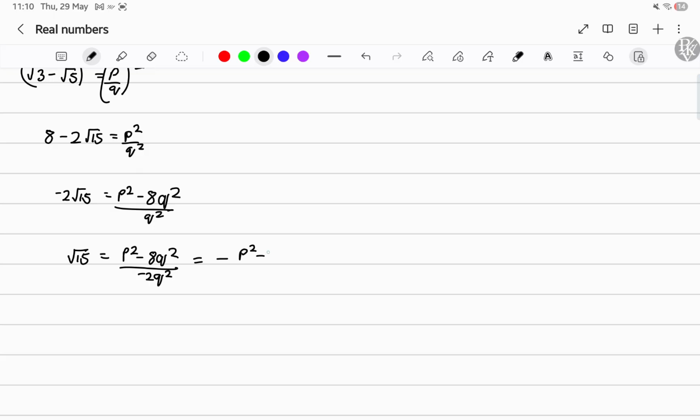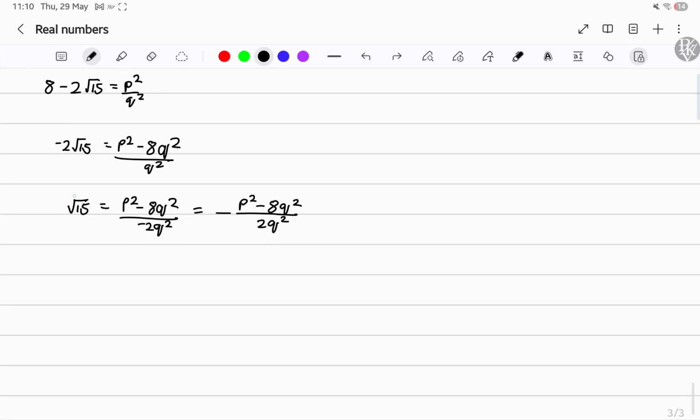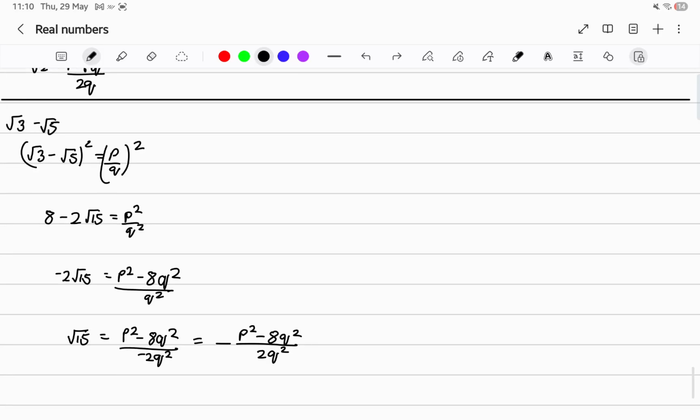So this will be p square minus 8q square divided by 2q square. Okay, and if p by q is rational, this will definitely be rational. That will imply that root 15 is rational, but we know that root 15 is not rational. So that implies our original assumption is wrong, and root 3 minus root 5 will be irrational.